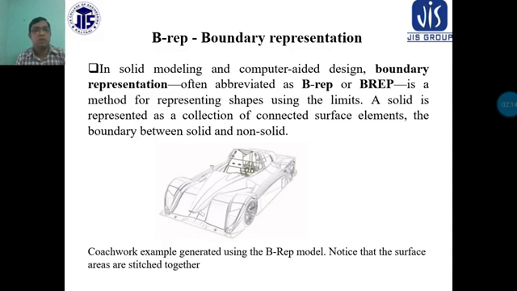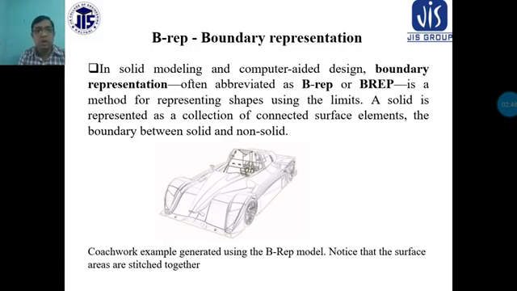Different tankers are given here, like oil tankers and fire tubes. The boundary between the solid and non-solid particles will be defined, and different boundary considerations will be given. The example here is generated using boundary representations, that is, the BREP model.